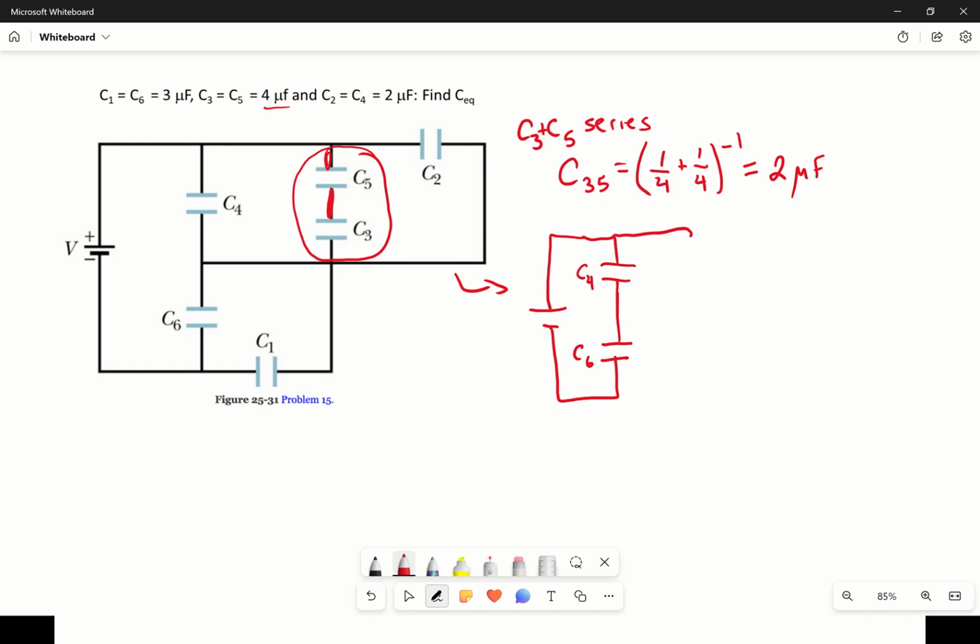Then I'm going to go across. I'm going to replace C3 and C5 with my C3,5 and C2, and then down here I have C1. Okay, so there's my redrawn circuit.